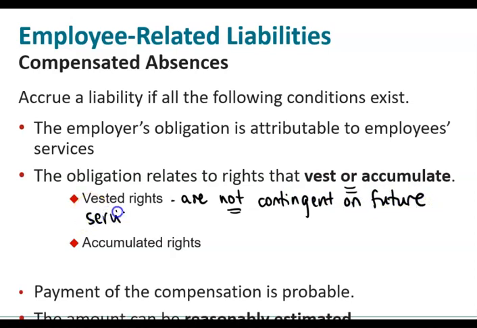And here's an example. If an employer says for each year that an employee works, we're going to contribute 8% of that employee's salary to their 401k, but the employee only actually has legal right to those benefits once the employee works for the company for 5 years.